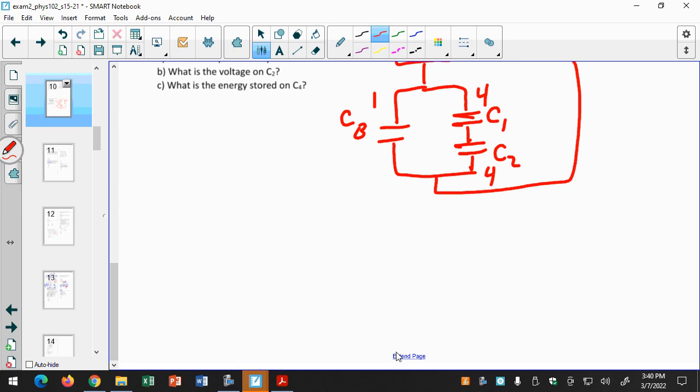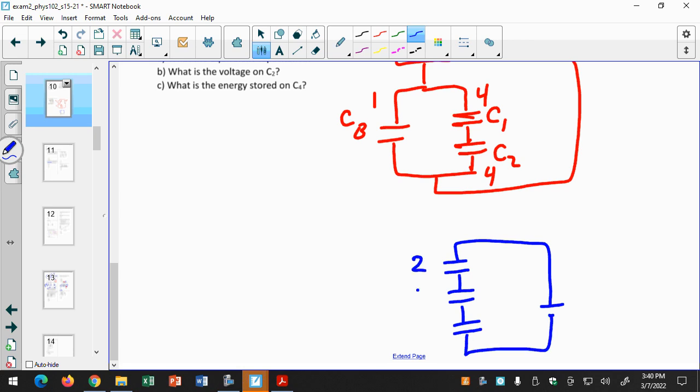Yep, so I have my battery. Two, 6, and 3. And then I find the equivalent of that: 1 over 2 is a half, plus 1 over 6, plus 2 over 6, that's 1 over 3, oh, that's 1. All right, so these are all equal to 1.